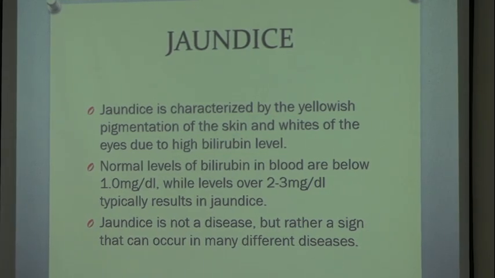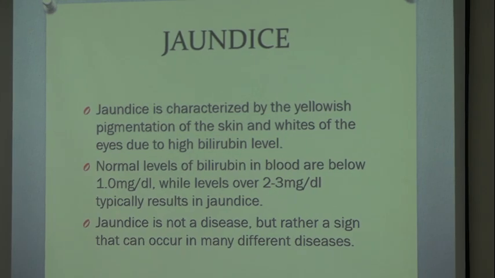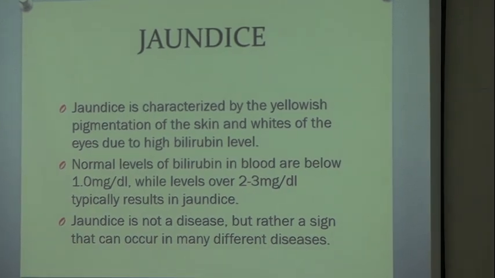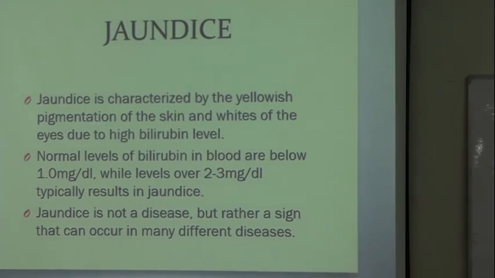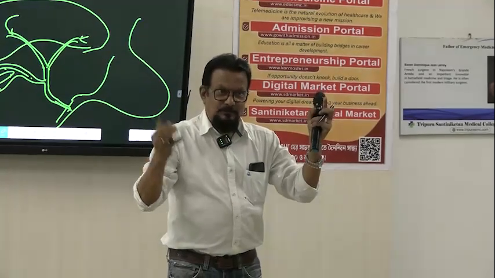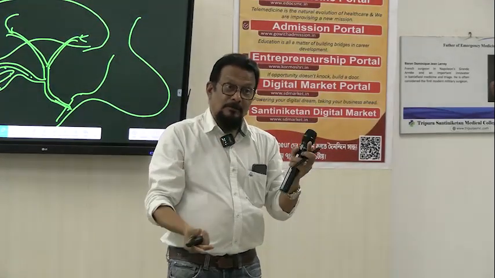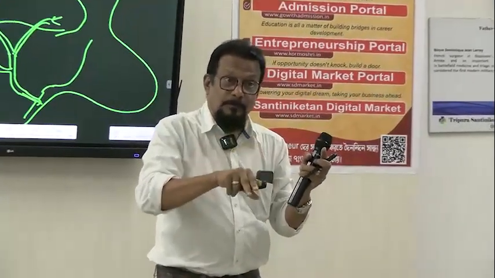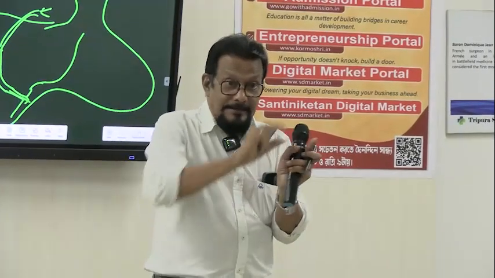If the liver is not able to convert it, then bilirubin will further rise. But if the liver is capable of converting it, now the bilirubin is very high. So liver has to convert so many bilirubins into conjugated one.